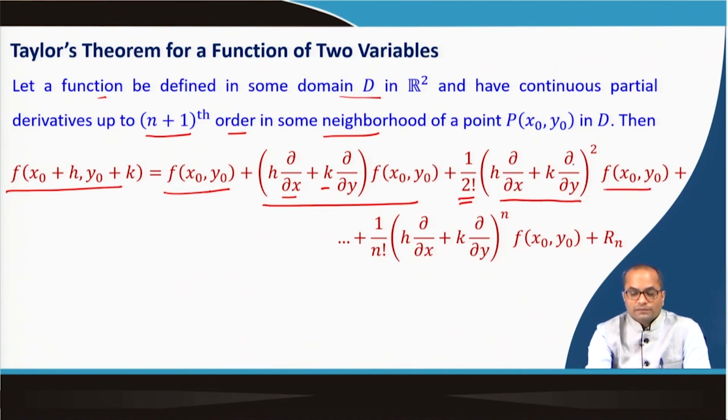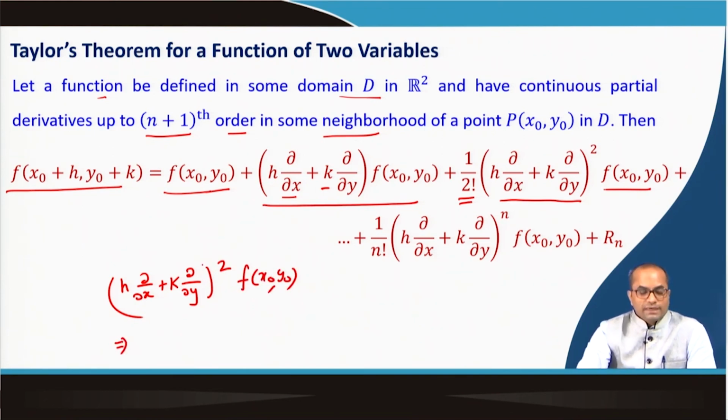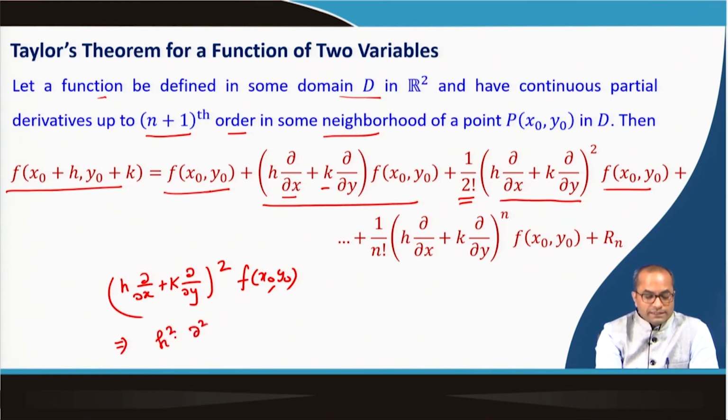This operator which we have written will be clarified a little later, that is, how we get it and what is the meaning of the square here. But just to clarify, this is like the usual power we have, so like h square and the second order derivative.